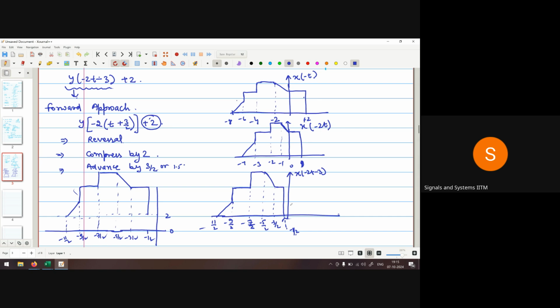Now, if this is the magnitude 1, 2, and 3, so 0 becomes 2, 1 becomes 3, 2 becomes 4, and 3 becomes 5. This is the magnitude 2, 3, 4, and 5. Okay, so this is the Z of TCP.